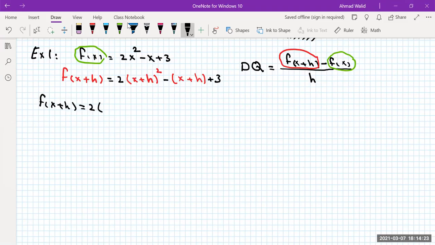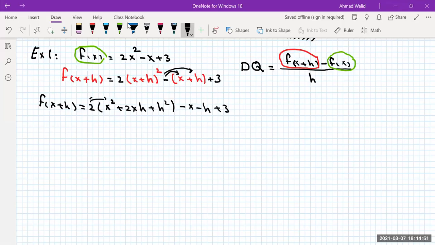Again, which method you want, FOIL or a plus b squared, which method you can use. The result will be x squared plus 2xh plus h squared, right? Minus, distribute the negative please here. That's why I used parentheses. Minus x minus h plus 3.